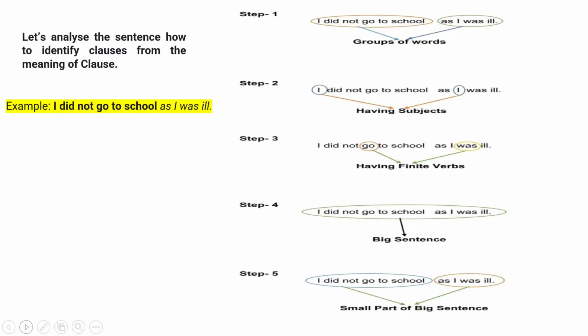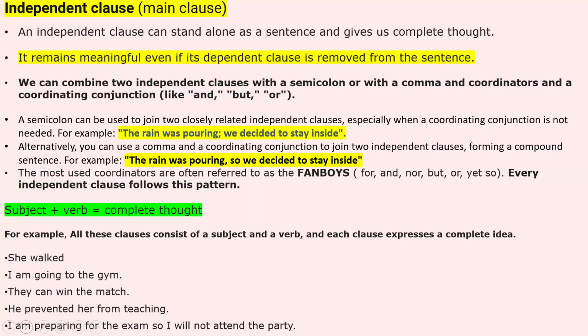I did not go to school is a principal clause, independent clause, main clause, which gives complete meaning. As I was ill does not give complete meaning; it depends on the first clause, the main or principal clause. The main clause remains meaningful even if we remove the dependent clause from the sentence.